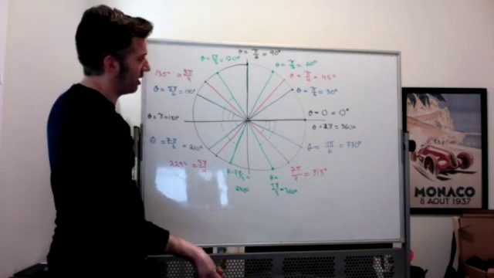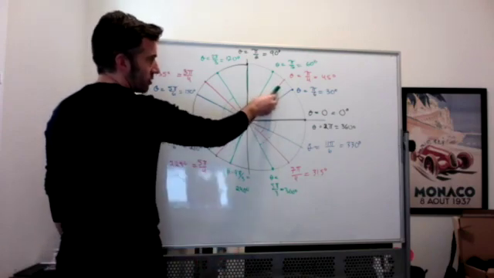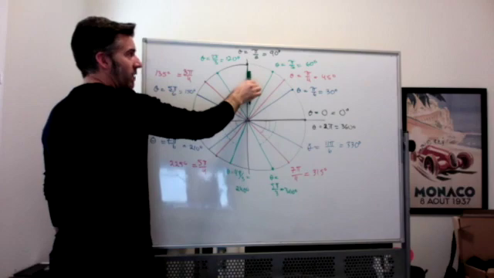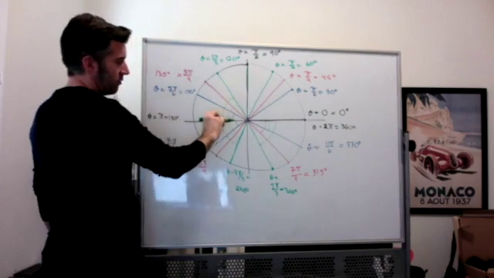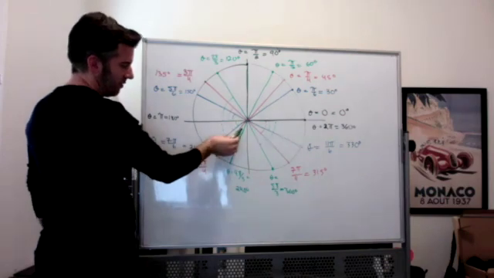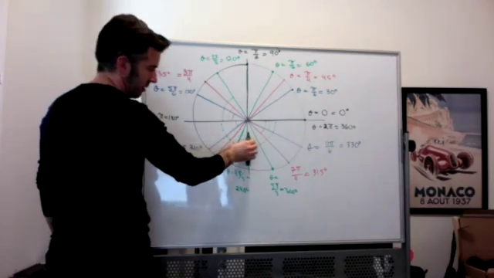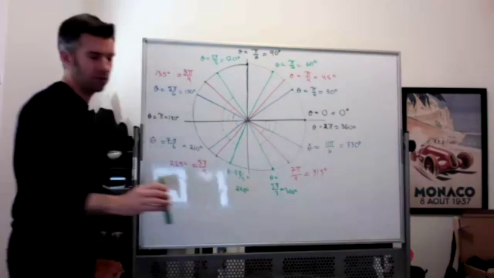Same works for the pi over 4s. 1 pi over 4 is in quadrant 1, 2 pi over 4 reduces to pi over 2, 3 pi over 4 is in quadrant 2, 4 pi over 4 reduces, 5 pi over 4 is in quadrant 3, 6 pi over 4 reduces, 7 pi over 4 is in quadrant 4.